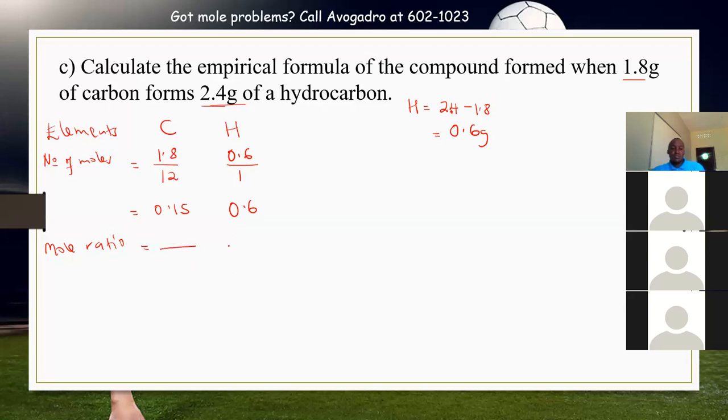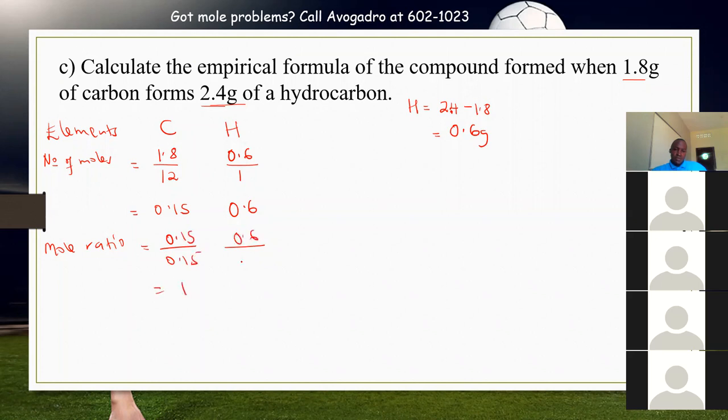If you divide through by the smallest, this one is 0.15. So we shall divide through by 0.15. Obviously, this is 1. 0.6 divided by 0.15, that's a 4.